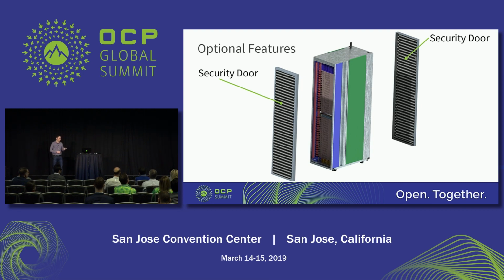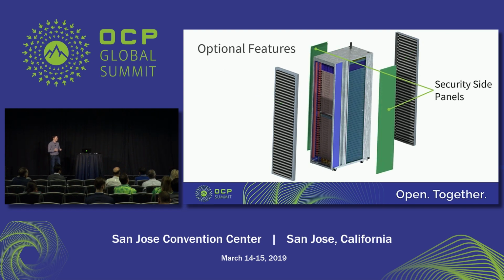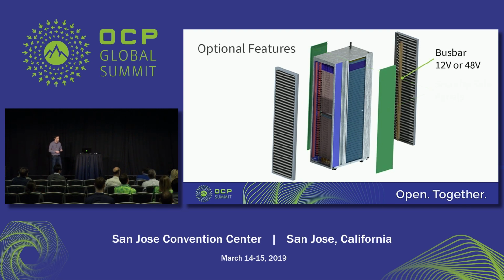These security doors could also be EMI doors, as well as side panels, whether they're just for airflow or perhaps security for your co-location needs. And then the 12 volt or 48 volt bus bar is a separate kit, easily modifiable now based on the work that we've been doing.